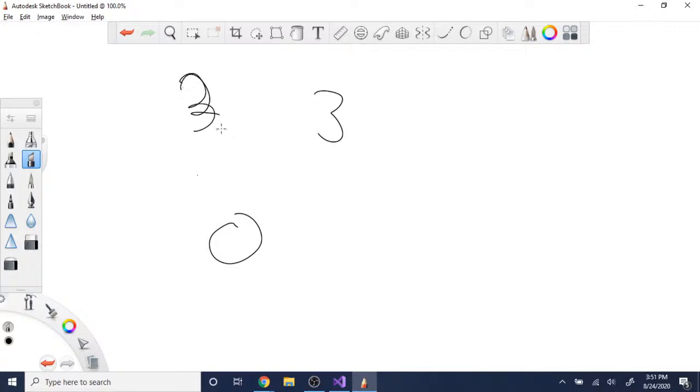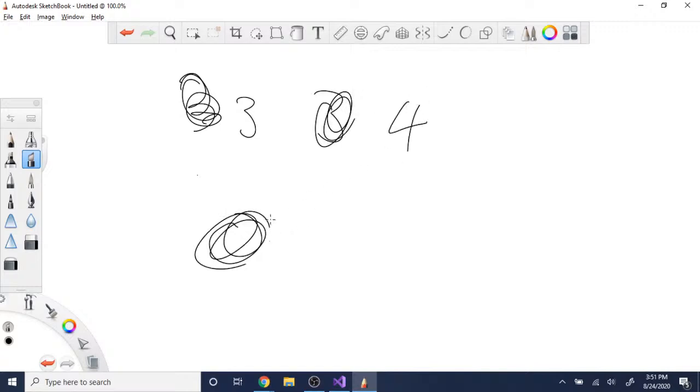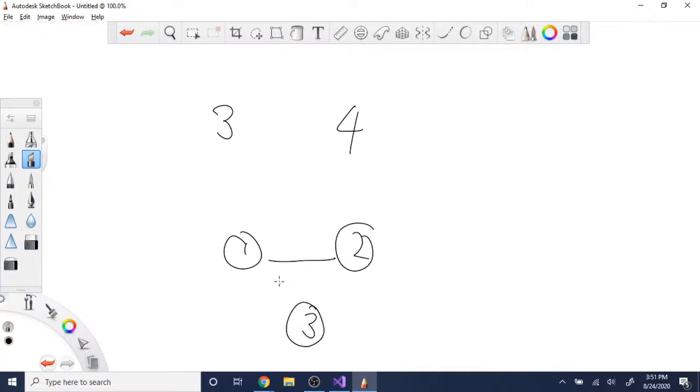Okay, let's say 3 nodes and I want 4 chains. So I have 3 nodes, 1, 2, 3. I want to connect them with 4 chains, but each of them has to connect to at least 2 different ones. Is that possible?